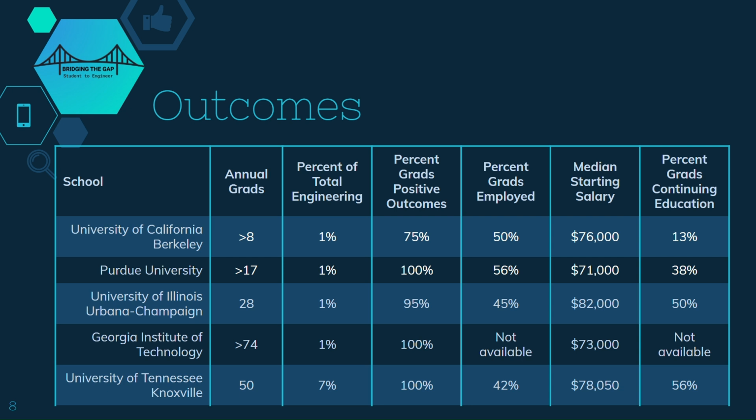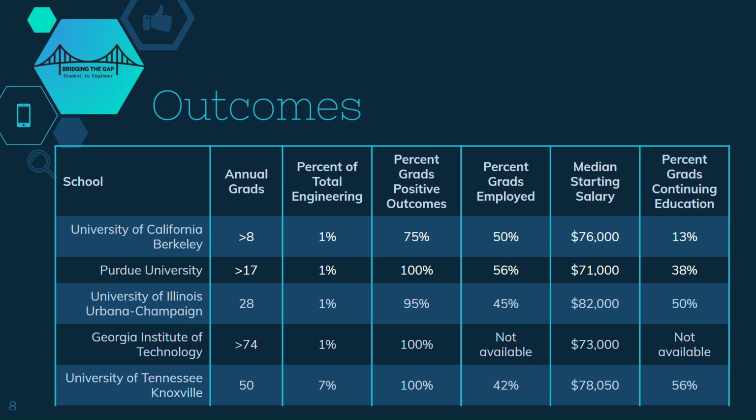Okay, so let's go to percent grads positive outcomes. This is the only discipline that I have researched so far that has so many 100% positive outcomes at so many schools.